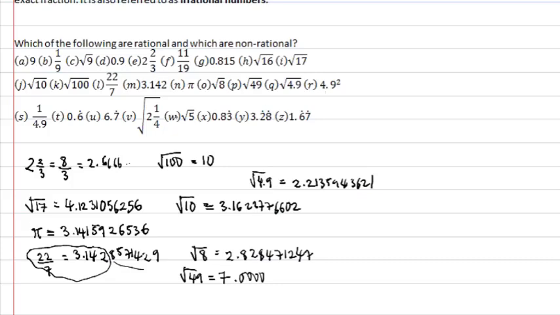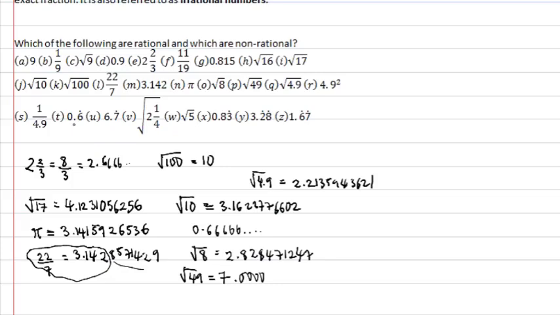Okay, 1 over 4.9 is a rational number, since it is in a fraction-like manner. Then this one with the dots here is 0.66666 continuously to the end.